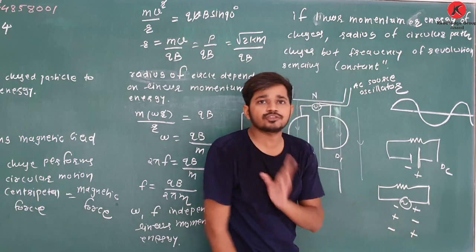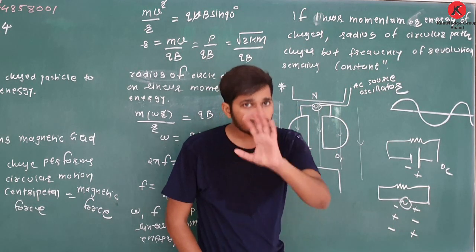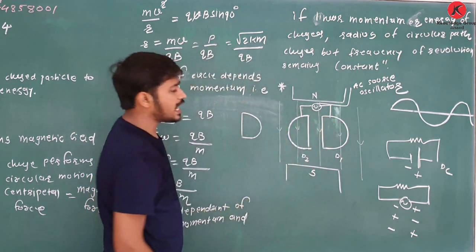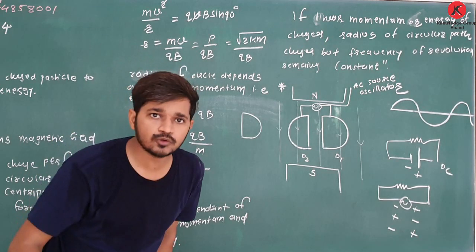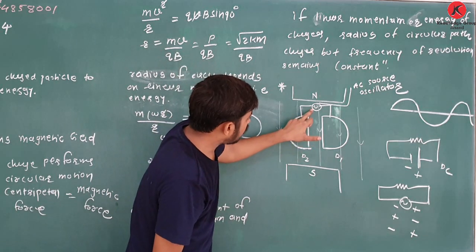Clear about this? So now, see, this oscillator is connected between D1 and D2. Clear about this? Okay.